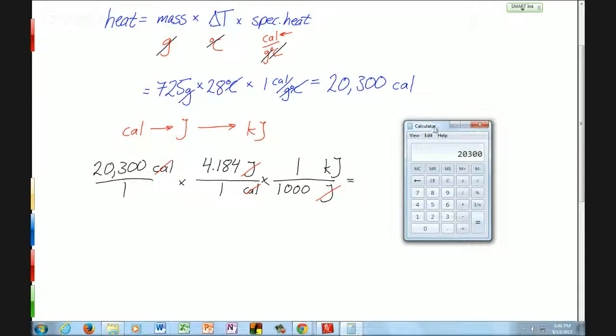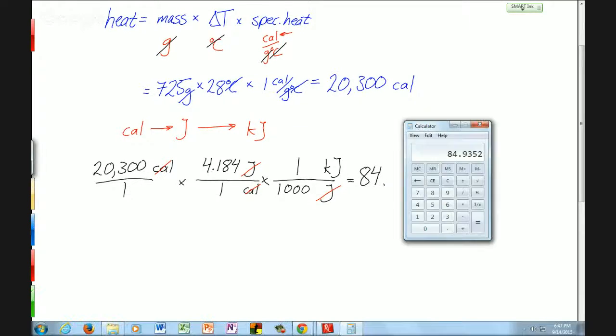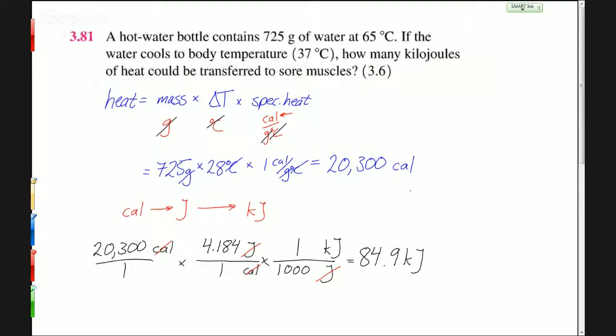So to calculate that out, we take our 20,300, we multiply by 4.184, and then we divide by 1,000, because the 1,000 is on the bottom. And that tells us that our final answer should be 84.9 kilojoules. So 84.9 kilojoules of energy transferred from the hot water bottle to the muscles.